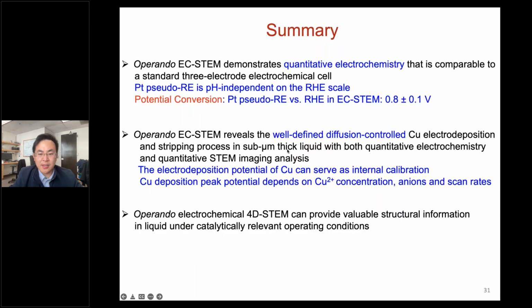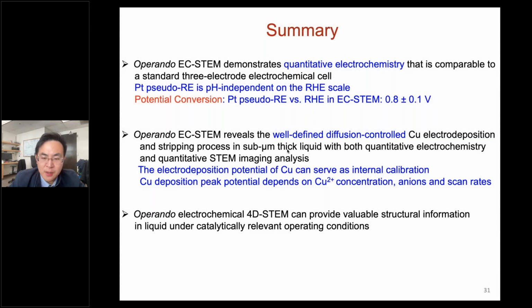So with that, I would like to summarize my talk, and hopefully I have shown you that we can use open STEM to do quantitative electrochemistry that is comparable to a standard electrochemical cell. The important message though is that the platinum pseudo-reference is actually not so bad. In quite a good case, it's actually a pH independent reference electrode on the RHE scale. This is really convenient.